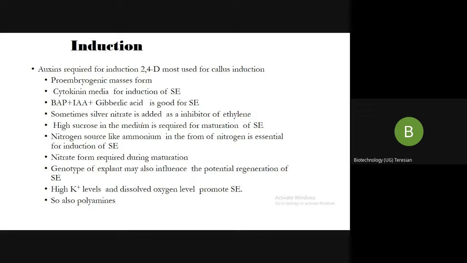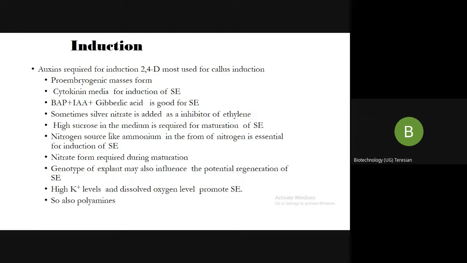Sometimes silver nitrate is added as an inhibitor of ethylene. Ethylene is a gaseous hormone. This ethylene can interfere with your somatic embryogenesis formation. Therefore, to inhibit this ethylene, I can add silver nitrate.